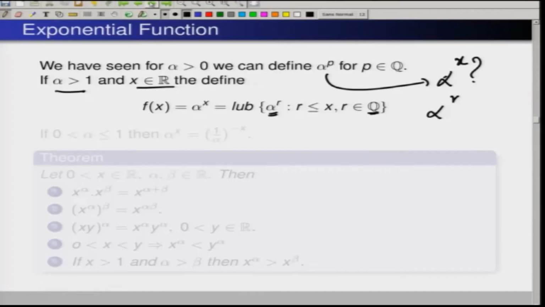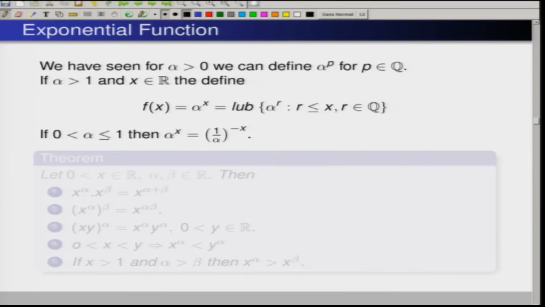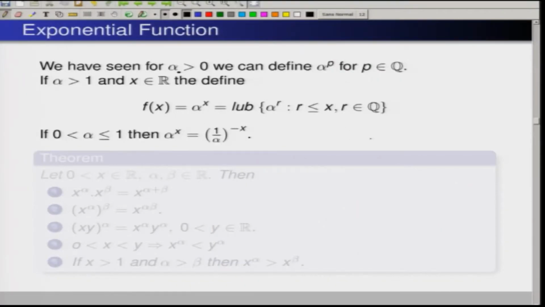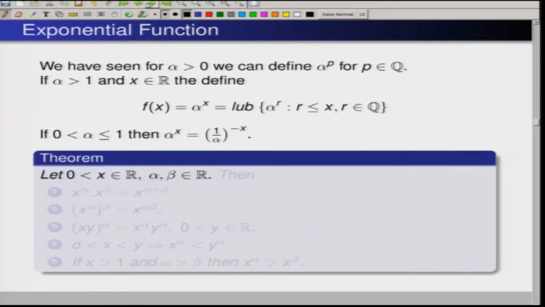Now, if I have 0 less than alpha less than or equal to 1, then obviously 1 by alpha is greater than 1. Therefore, I can define 1 by alpha to the power minus x, because x is a real number, so minus x is also a real number. So we can say that if alpha is positive, then we can define alpha to the power x.